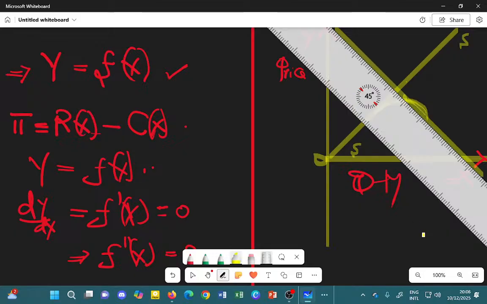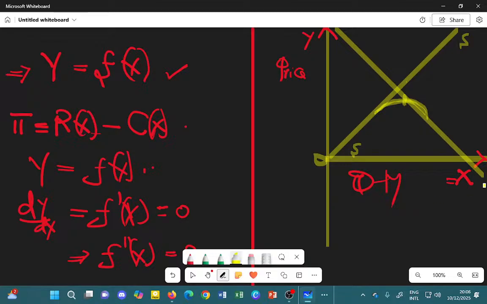That's yellow, so that defines my demand curve. Say this is demand, so I call it D. Here is also D because it's a demand curve.